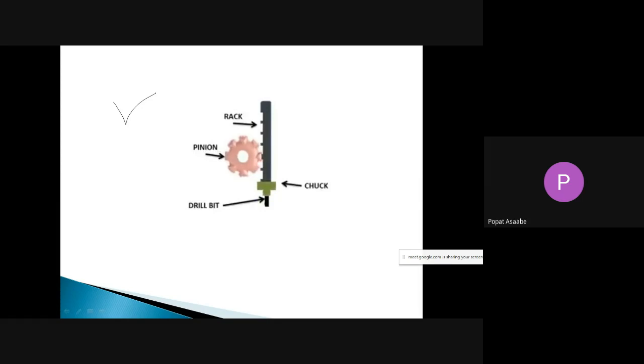Simple. See, this is the rack and pinion mechanism. See, this is the rack, and that rack is attached to your spindle. Suppose this will be your spindle, and that rack is mounted on your spindle. And see, this is the pinion, and on that pinion, with the help of the linkage, we have attached this hand wheel. When we are rotating this hand wheel in clockwise direction, that time the rotary movement of that hand wheel is going to be converted into the linear motion of your spindle with the help of this rack and pinion mechanism.